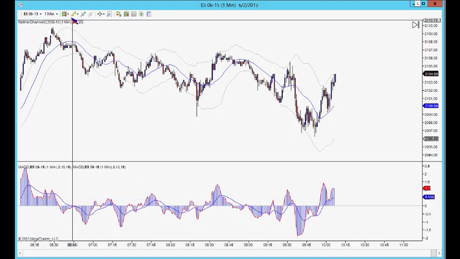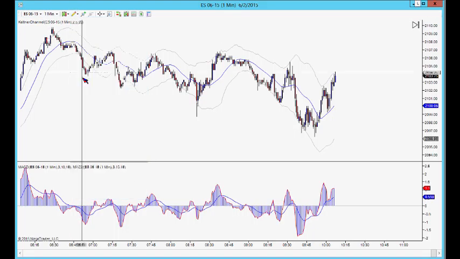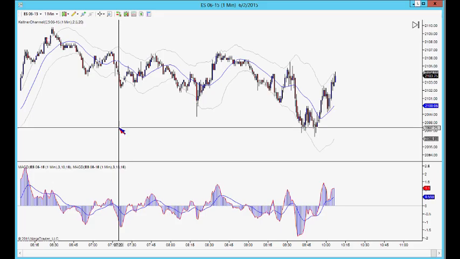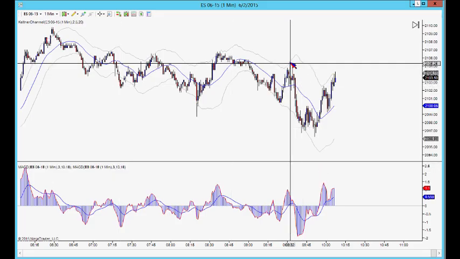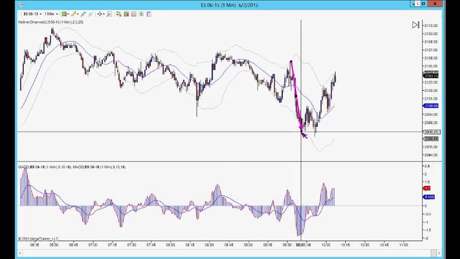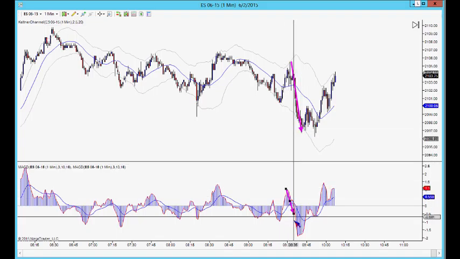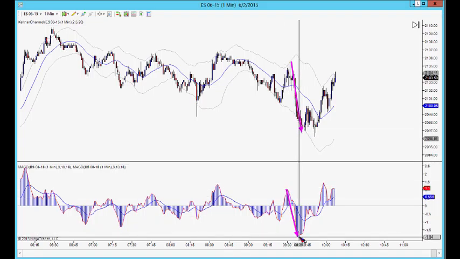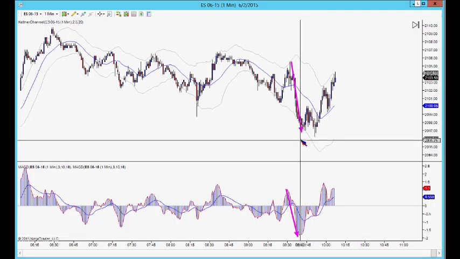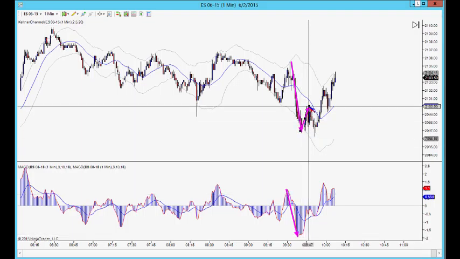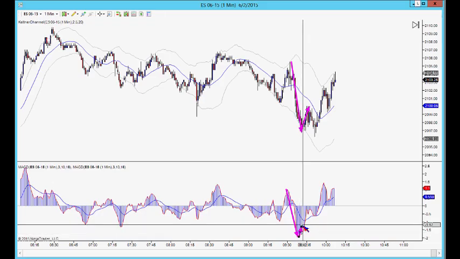So what does a divergence mean? Because I know you're probably saying, what are you talking about, divergence? One more time. Price makes a low, momentum to the downside. The MACD makes momentum to the downside. Market makes a retracement, the indicator makes a retracement.